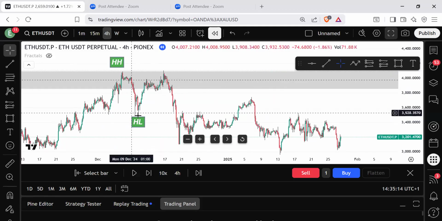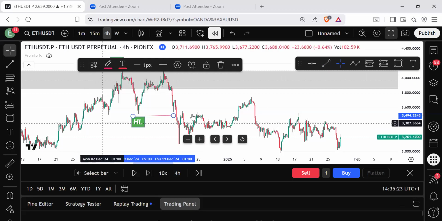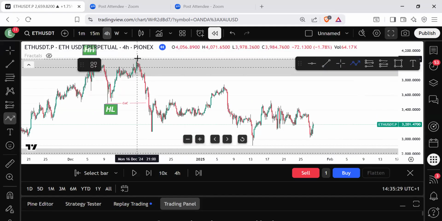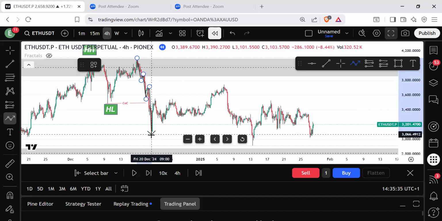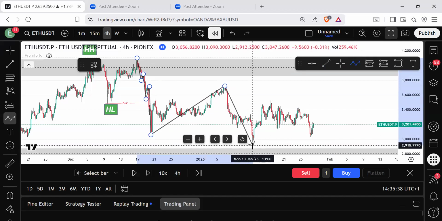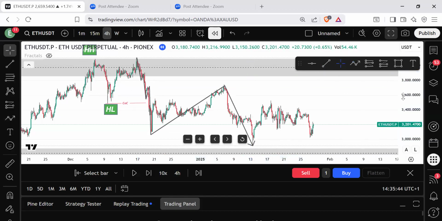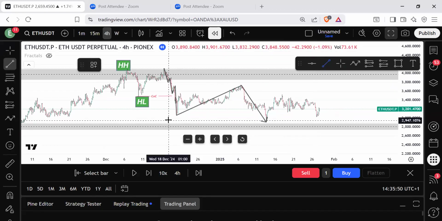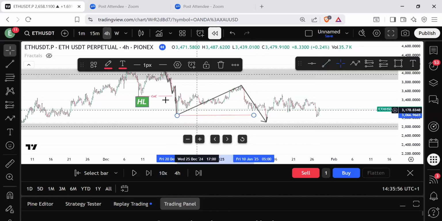Correct. The higher low was broken. True. That's a break of structure, yes.